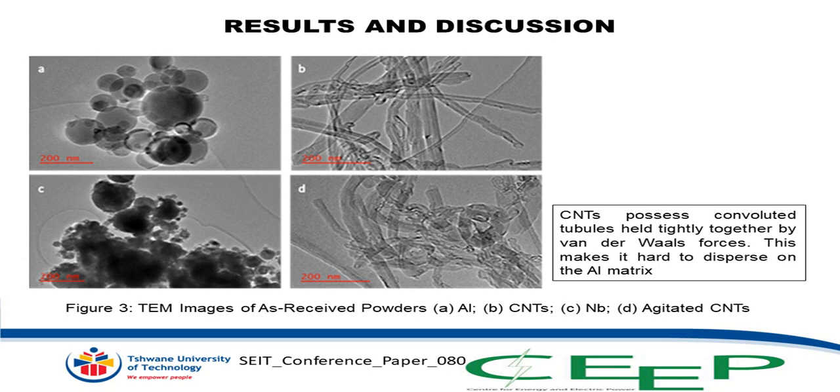This phenomenon makes it hard to disperse on the aluminum matrix. That is why before the mixture, the nanotube was agitated, as can be seen in figure 3D, which made it very easier for dispersion of the reinforcing phase.